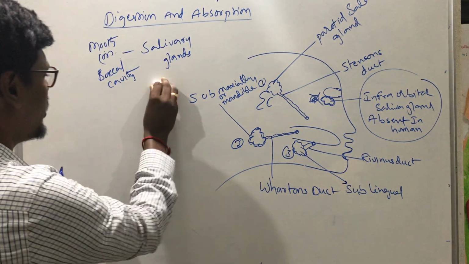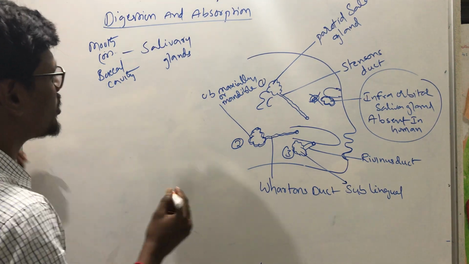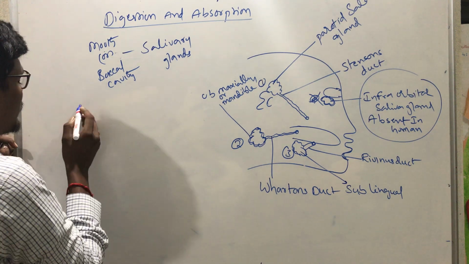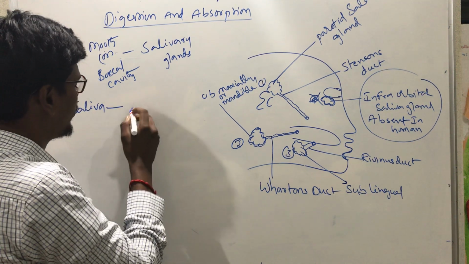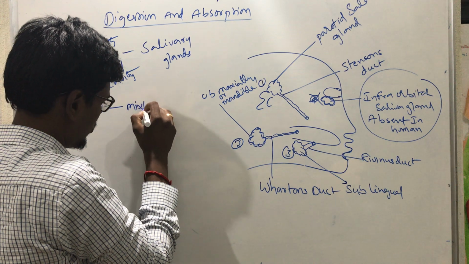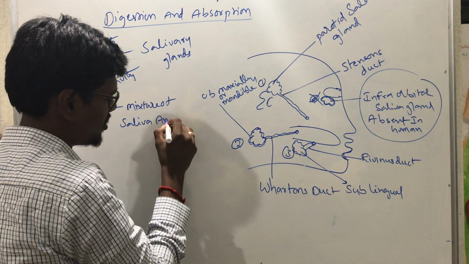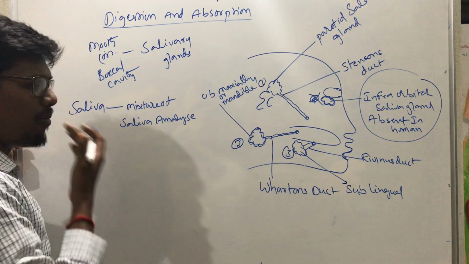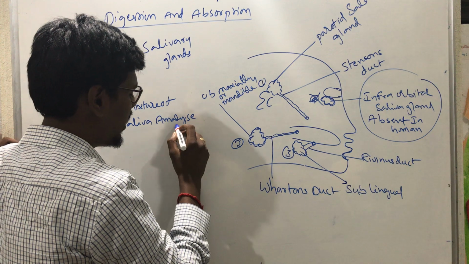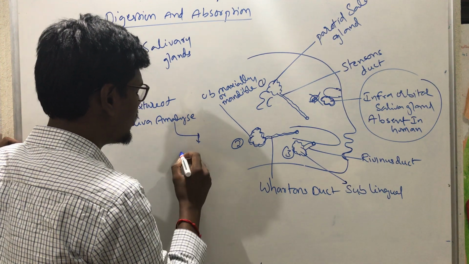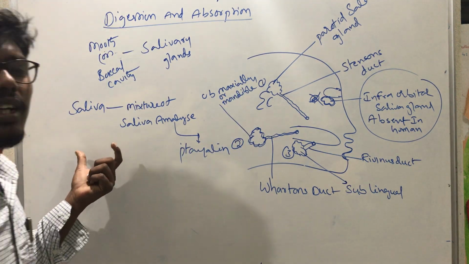The saliva contains salivary amylase, which is also called ptyalin.